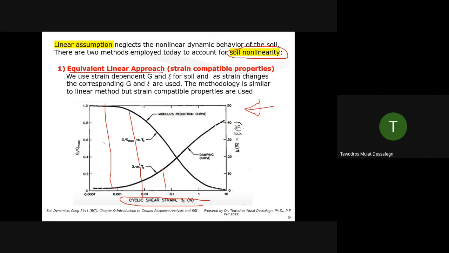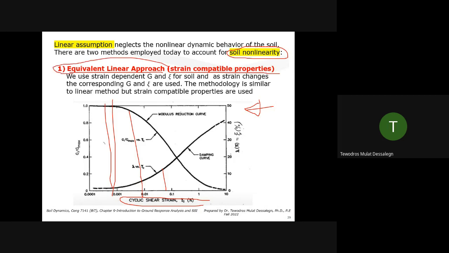That's an output from there: triaxial tests, resonant column tests, wave propagation tests. If we combine the results from there for different shear strain levels, we can get a complete picture of that soil at different strain. So strain compatible properties are what we use to model the equivalent linear approach.